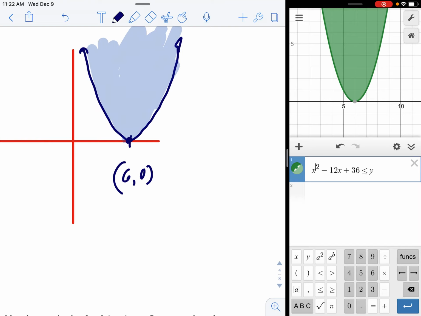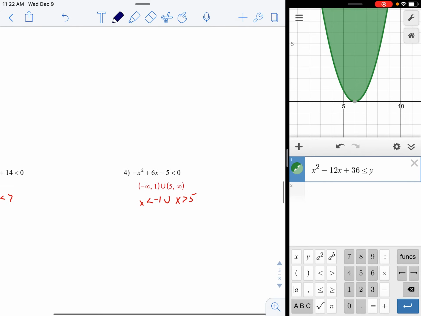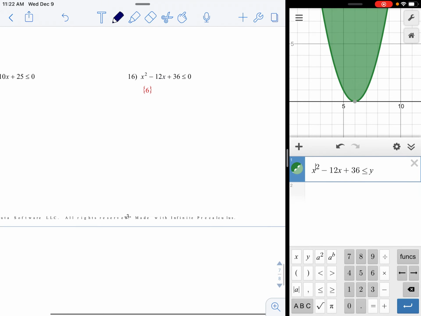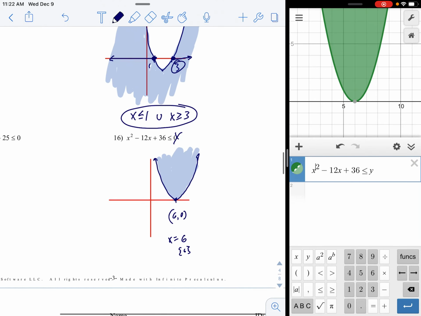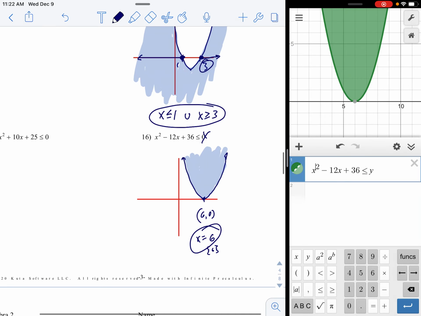So the answer is just 6. That's the only point on the whole line that is shaded. Not x is less than 6 or greater than. You could say x equals 6. That'd be fine. I have a feeling that they put the answer in brackets like they do on these worksheets most of the time. Let's see. Yeah, there it is. So just the number 6. So that's a thing that can happen on this worksheet as well.